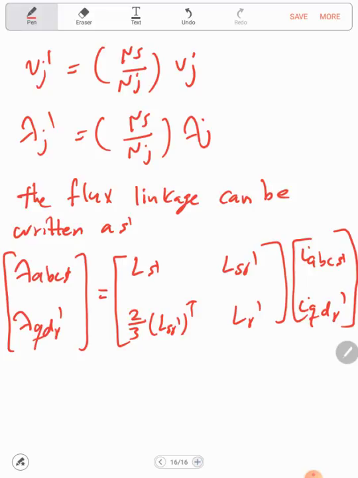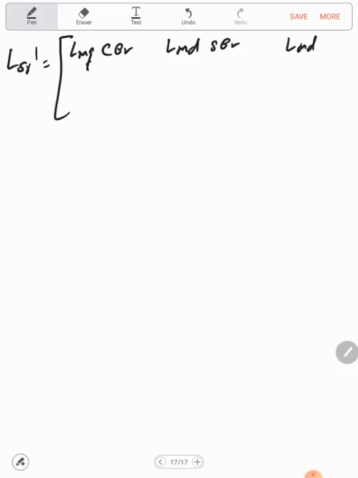So simply we can write now the LSR dash equal to LMQ cosine theta R, LMD sine theta R, LMD sine theta R, LMQ cosine theta 1, and remember theta 1 is defined to be theta R minus 2 pi over 3.